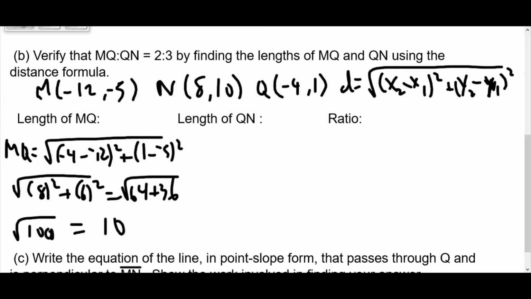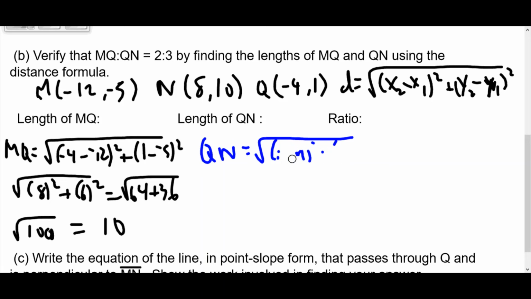Okay, so I'm going to do the length of QN in this case in blue, just to have a little differentiation here. So QN will have, in this case, 10 minus 1 squared plus, oh, sorry, not 10 minus 1. That's the y value, silly of me.